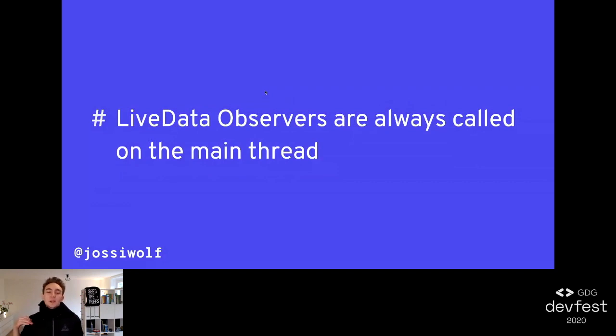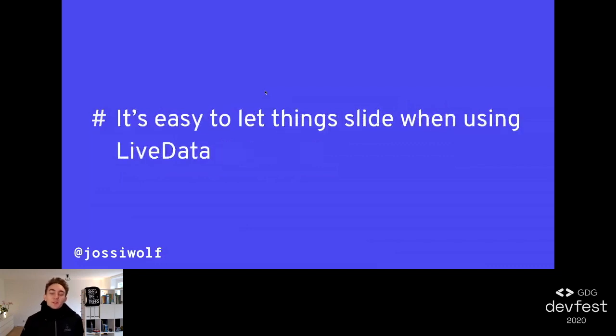And that means that for every data transformation, those lambdas will be called on the main thread, which is not great, because that's not entirely obvious if you are not reading the documentation very, very closely. So it's super easy to let things slide when using LiveData, even though it's super awesome and it gives you lots of stuff for free.